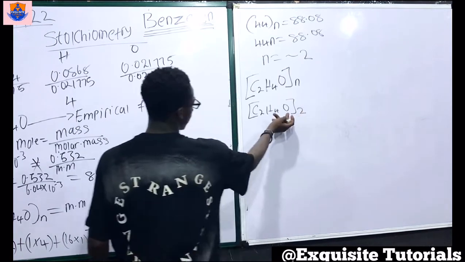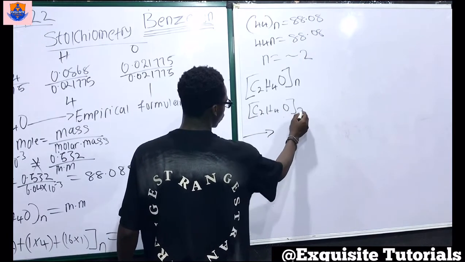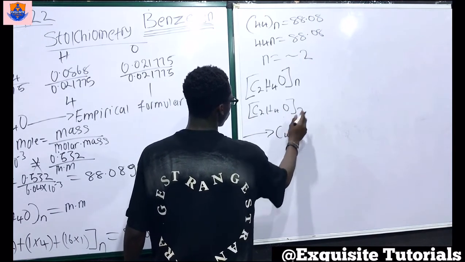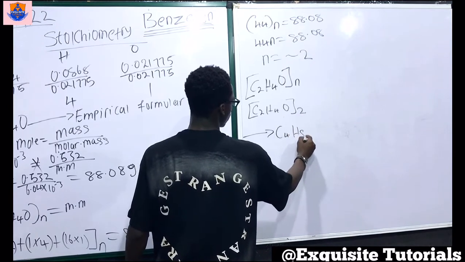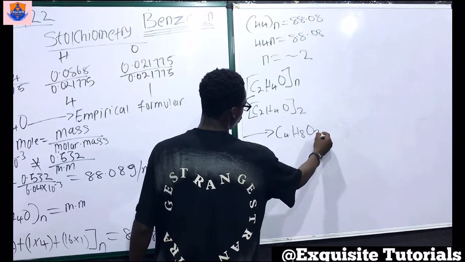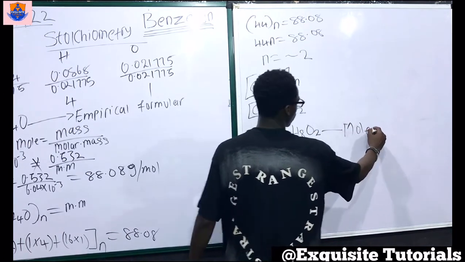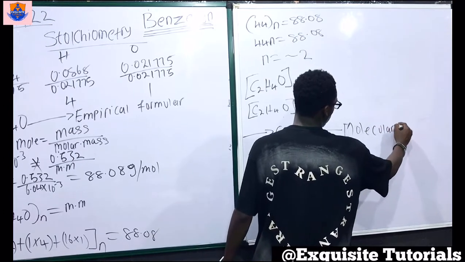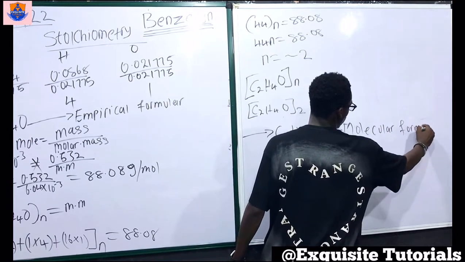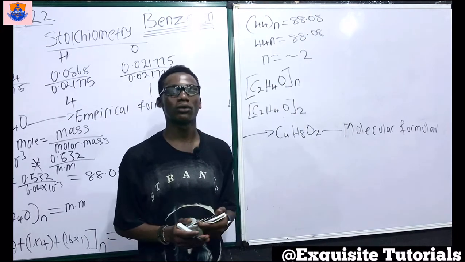So these two multiply each atom here. So 2 times 2 will give you C4, 2 times 4 will give you 8, and 2 times 1 here will give you 2. Now this is the molecular formula of the compound.